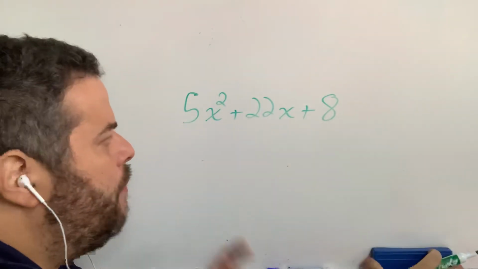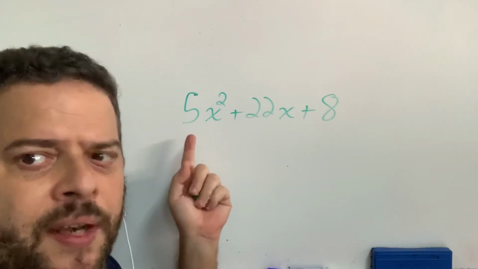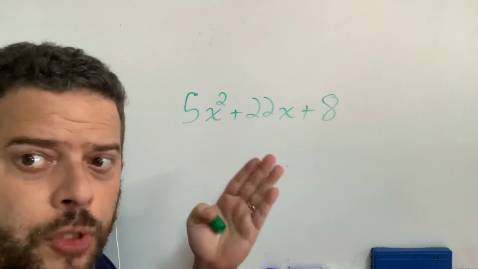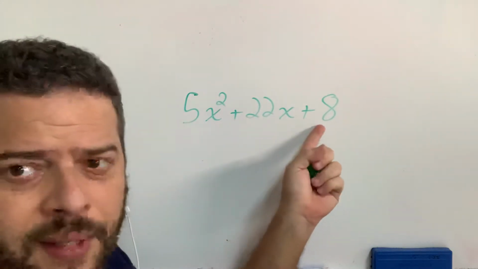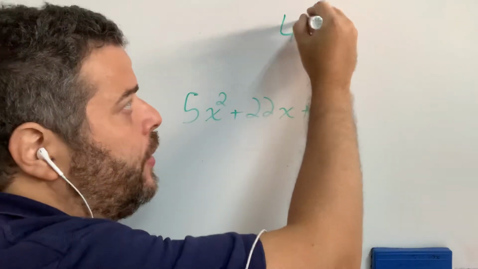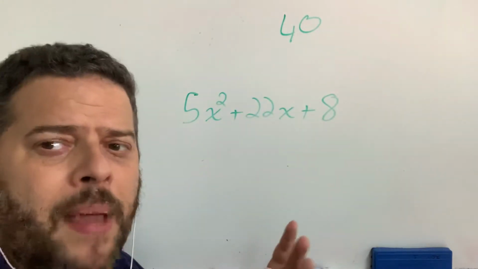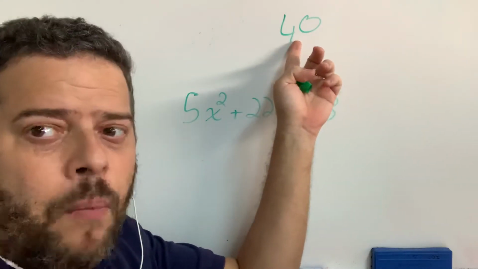But when you have a number different than 1, you actually have to take that number into account now. So what you're going to do is multiply the first number times the last number. That's going to give me 40. You're just going to write that 40 somewhere. It's not going to play a mathematical role, but that's the number that you have to now multiply by.